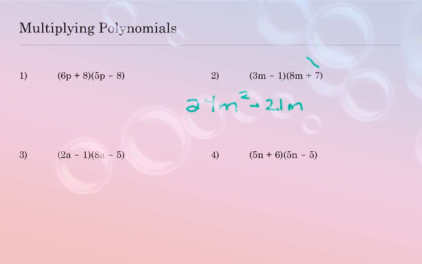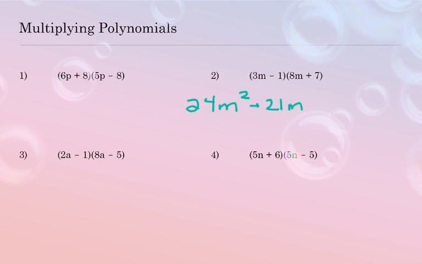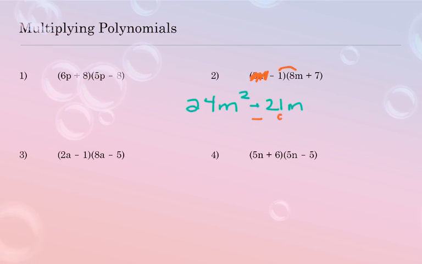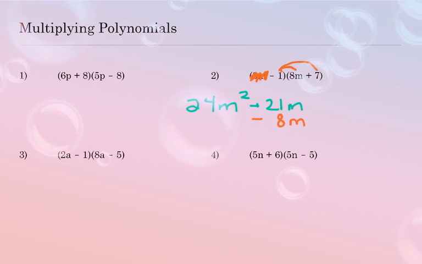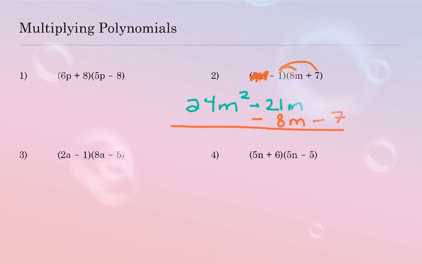Okay. Well, I've taken care of 3m. Let's worry about this negative 1. So I have negative 1 times 8m. Negative 1 times 7. Well, let's put it all together.